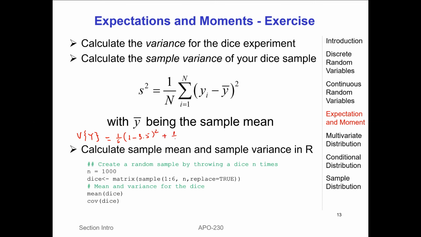And move on to the next outcome, 2 minus 3.5 squared, and so on until the sixth outcome, 6 minus 3.5, everything squared. If you have calculated it correctly, it should be approximately 2.92.